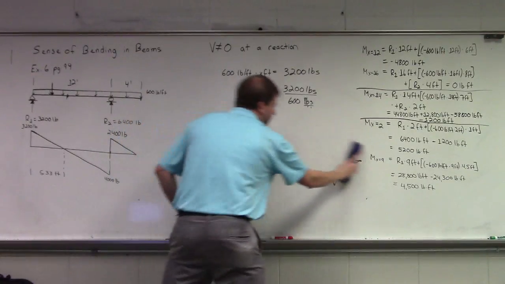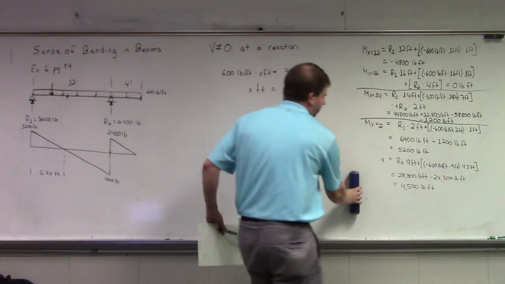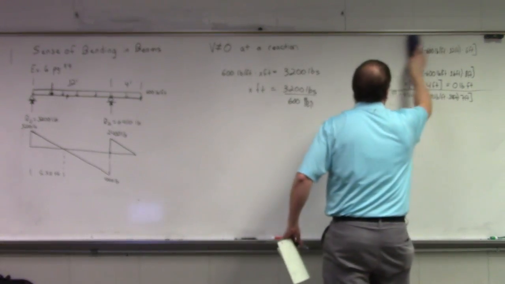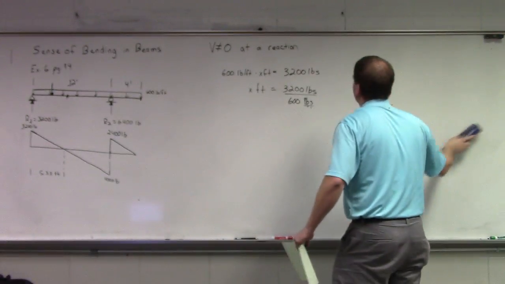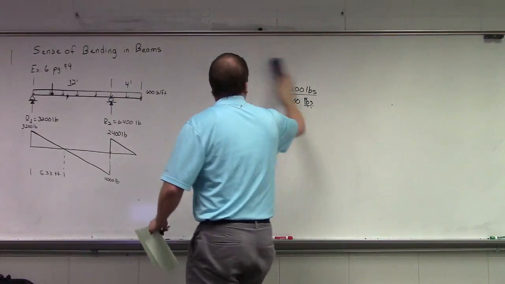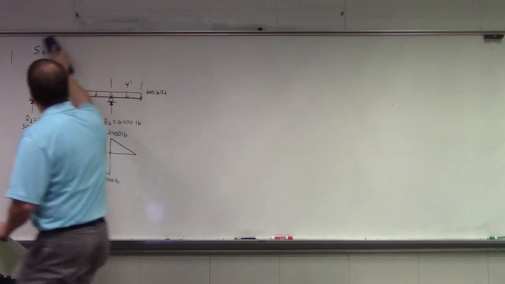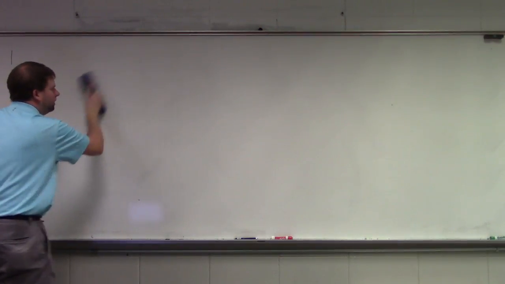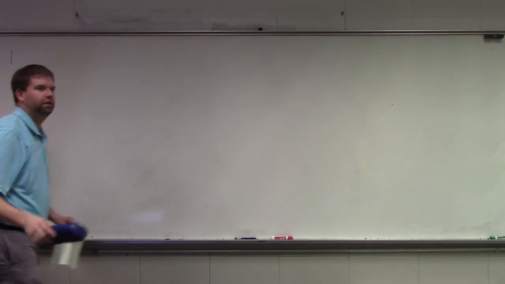Think about what that means from a shear standpoint. What's our shear diagram going to look like? Are we going to have anywhere where it's going to be crossing zero? Probably, yeah. Well, it depends on what's going on in the rest of the beam.